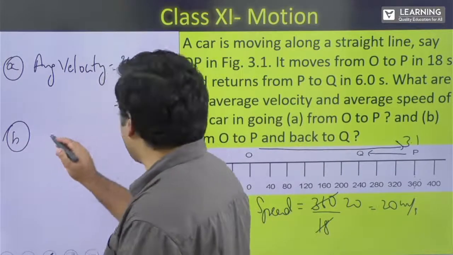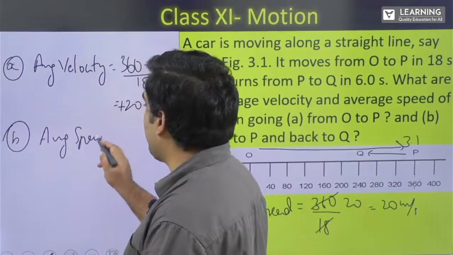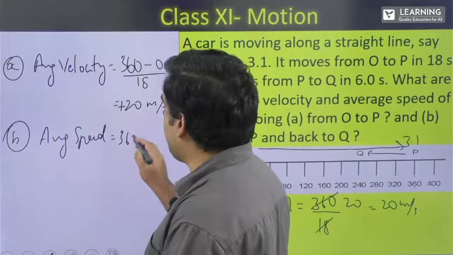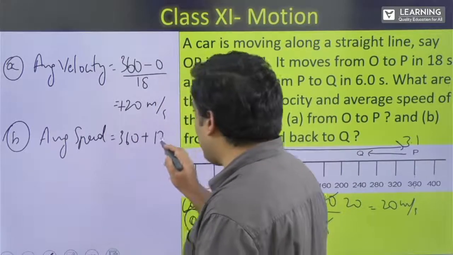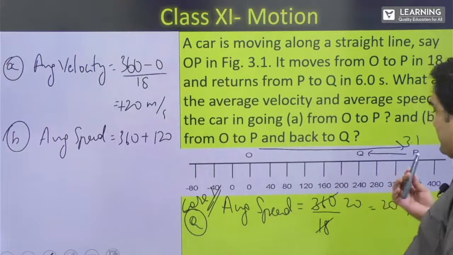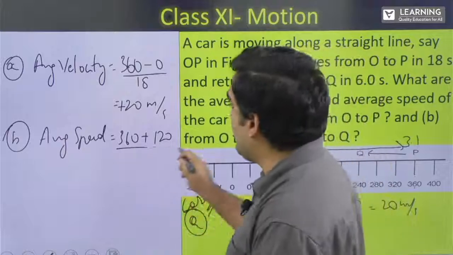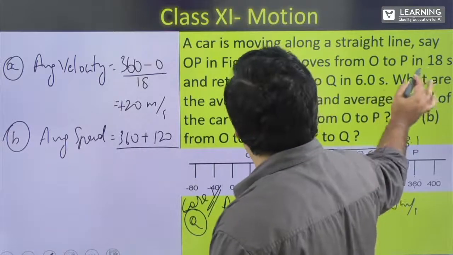Okay, so I'll make a note here. Average speed is equal to 360 plus 120. And how did that 120 come? O to P, 360, plus 120 from P to Q, divided by total time taken.